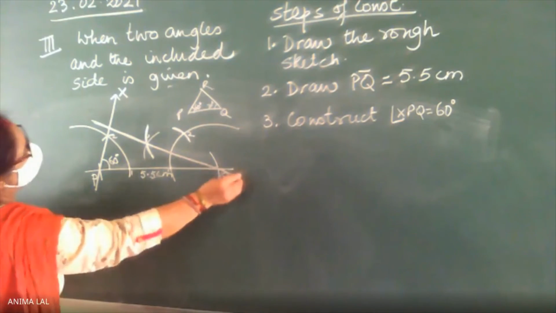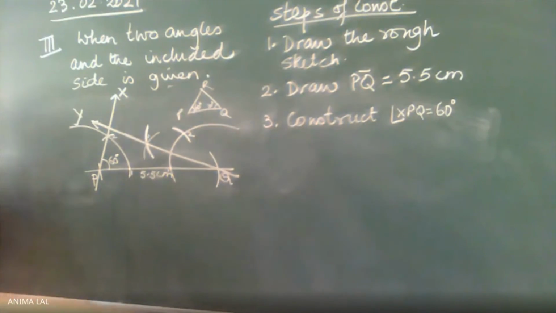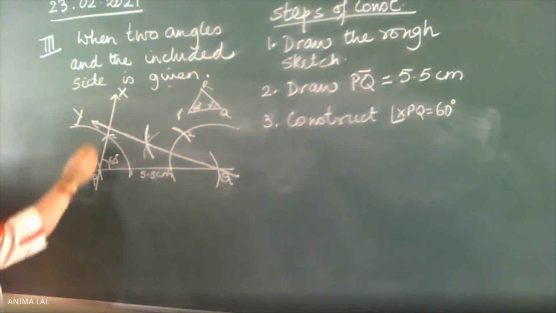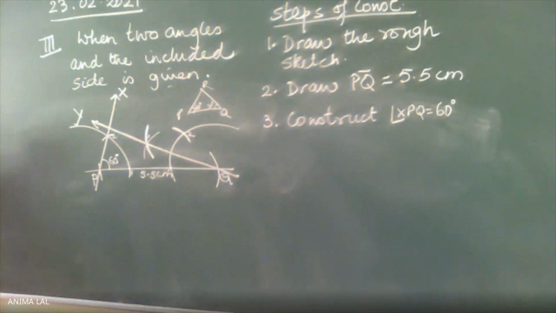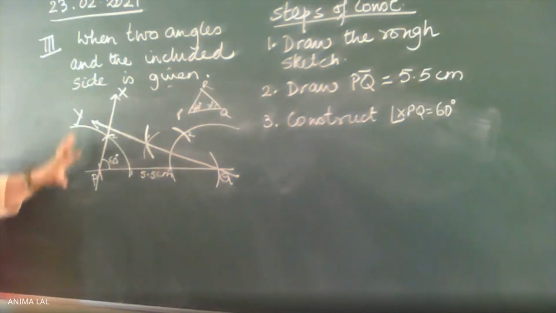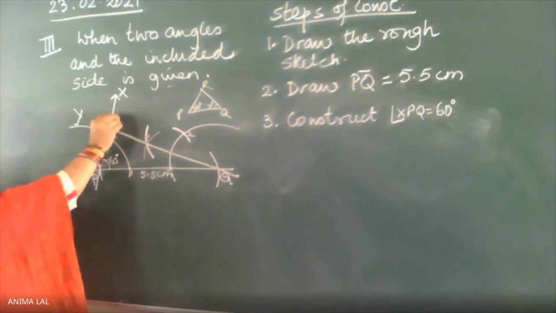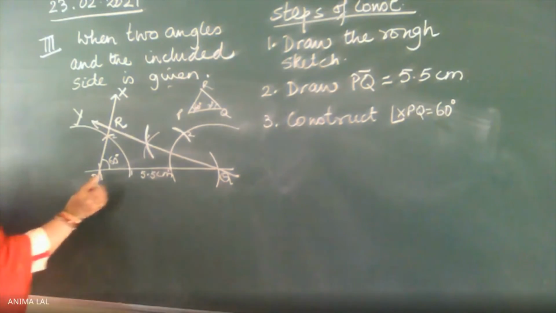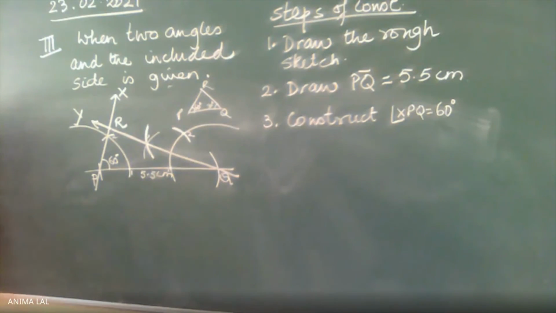Ray YQ is meeting ray XP at point R. So you get a triangle PQR. Done? Now measure R.